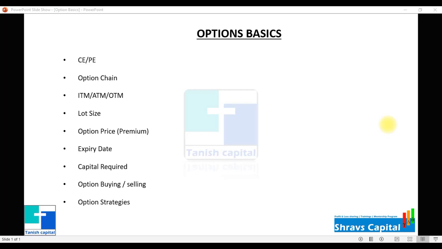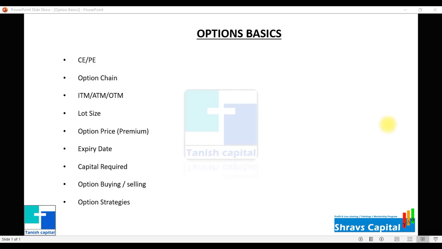So that's the main reason most people come to options and think that buying options is more safe. But the problem is that the capital required to buy options is very little, something like 5k, even with 10k you can trade in options. People think they are trading with very little capital, so the risk is very low. But what is the main purpose of the option instrument?